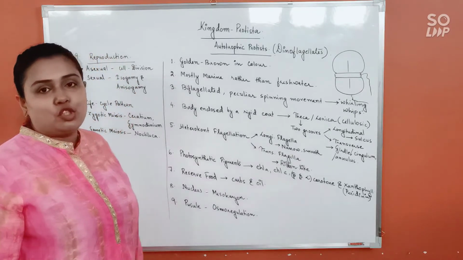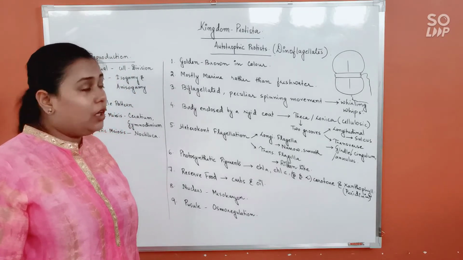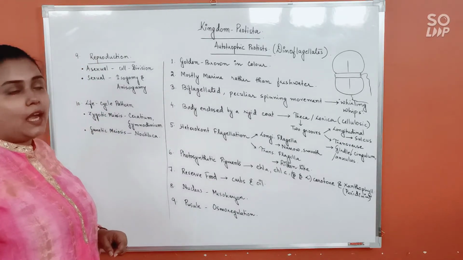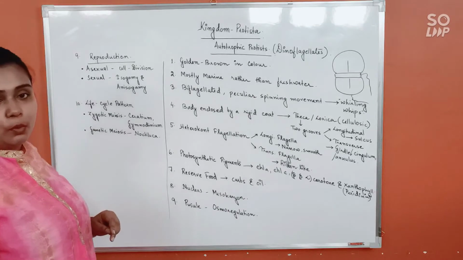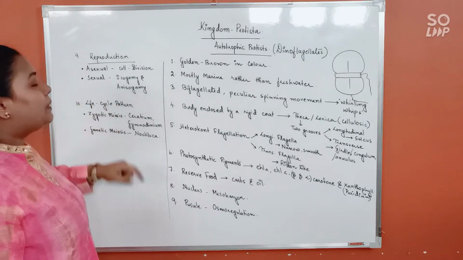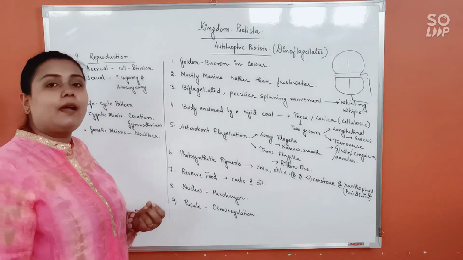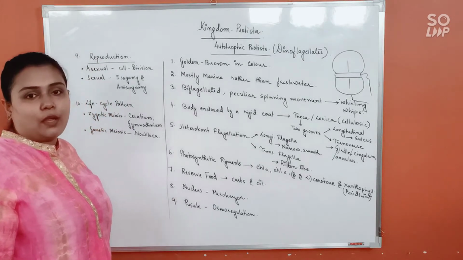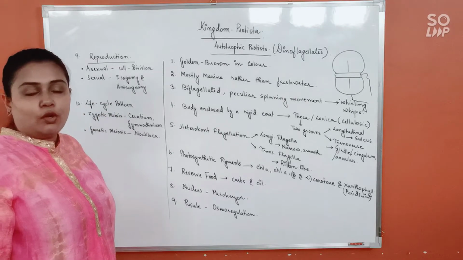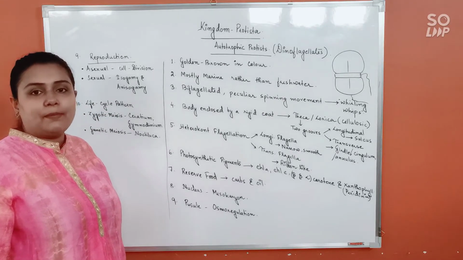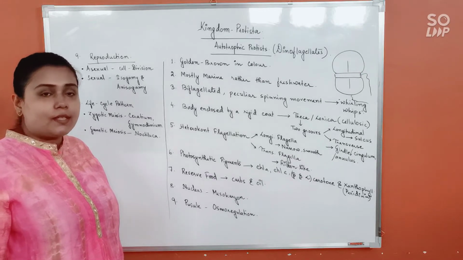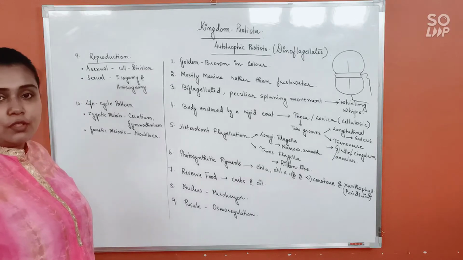That being said about the general characteristics or structure, now regarding reproduction. Reproduction in dinoflagellates occurs by both asexual and sexual modes. Asexual reproduction occurs by cell division, whereas sexual reproduction that has been reported is by isogamy or anisogamy. Regarding life cycle patterns, which we have discussed already, there can be two types: zygotic meiosis for haploids and gametic meiosis for diploids.